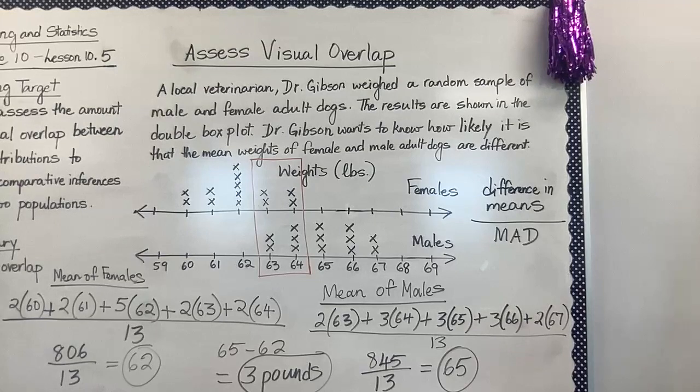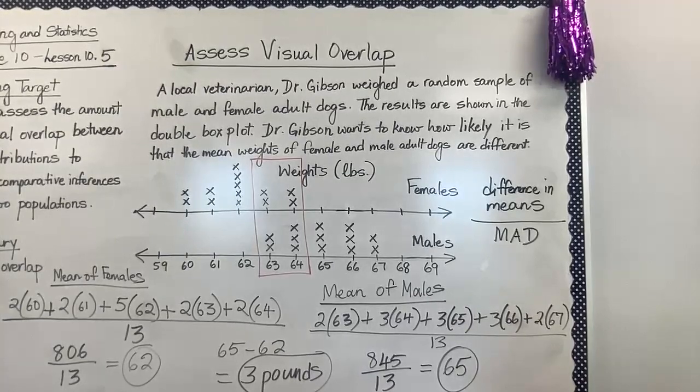Again, there's low variability, it's pretty much clustered together. And again, the data do overlap. So that's why the population means are going to be different.